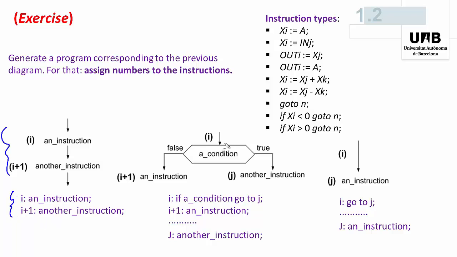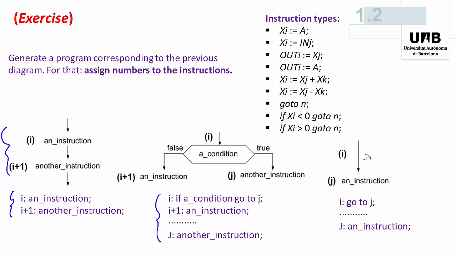In the case of a jump, if the jump is instruction number I, then if the condition doesn't hold, you must go to instruction number I plus 1. If the condition holds true, then we go to some instruction number J, and the corresponding piece of program is this one.